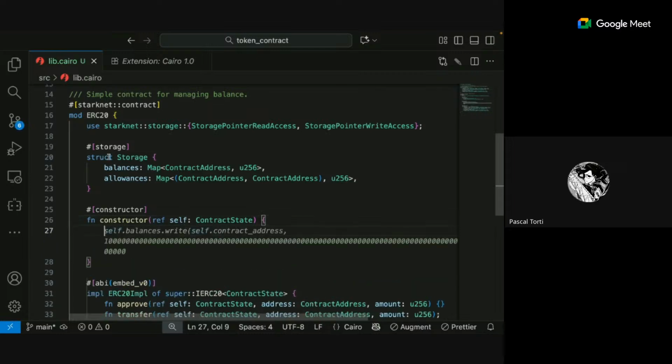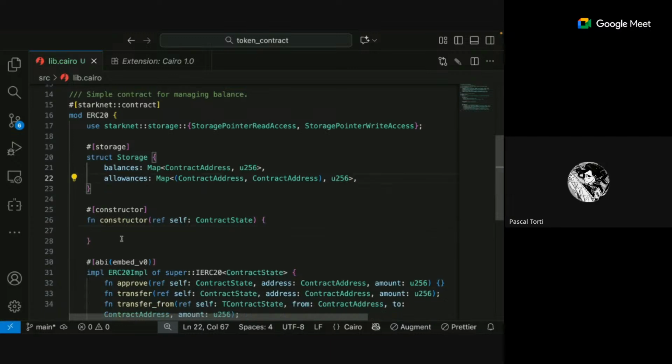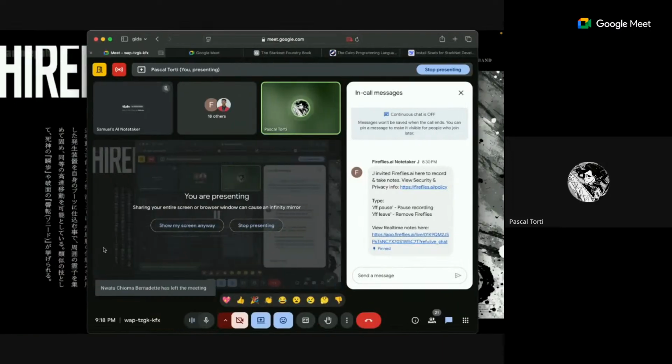Normally, when we are using this constructor, you should know that it runs only once when deploying your contract. Are you with me? Yes, you are. It's a function that runs only once when deploying your contract.